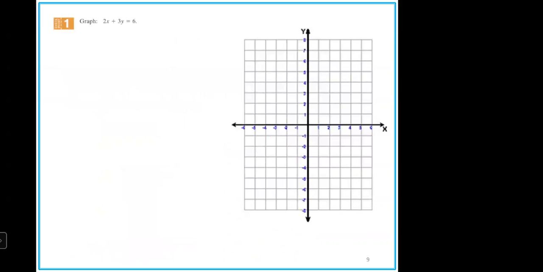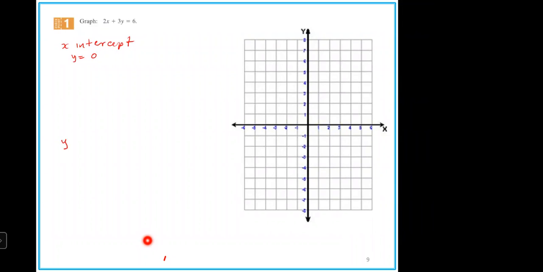So I give you this one here. I want you to find the x-intercept and the y-intercept. So remember now, to find the x-intercept, you can let y equal 0 to help you find what the x-intercept is.